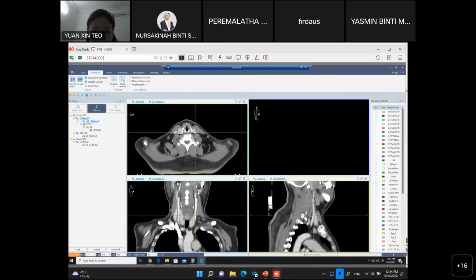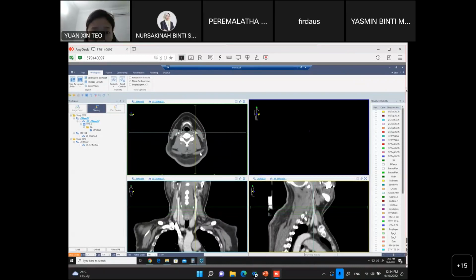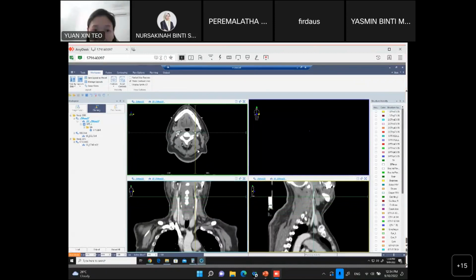As you can see, this stream is all blood vessel. So the doctor will differentiate whether this is a blood vessel or that one is a lymph node. So this is the purpose of injecting the contrast.